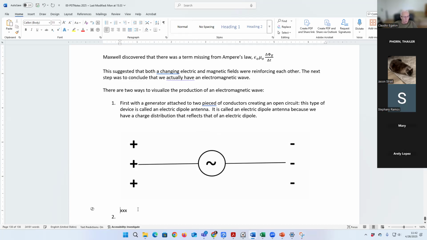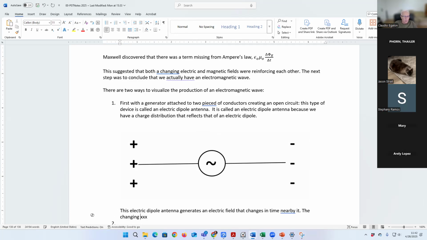I'm going to write further right. This electric dipole antenna generates an electric field that changes in time nearby it.